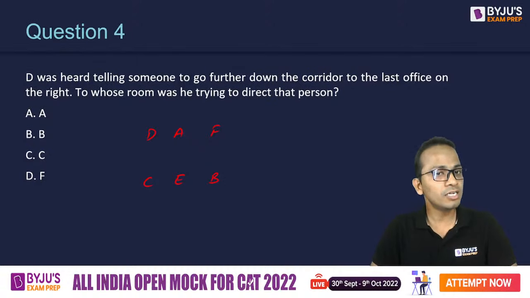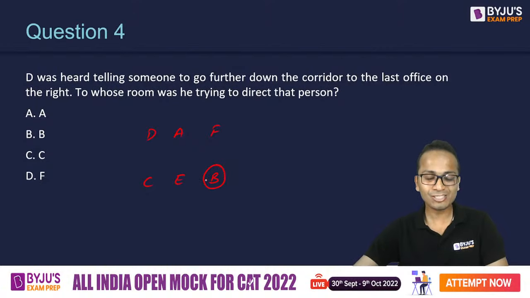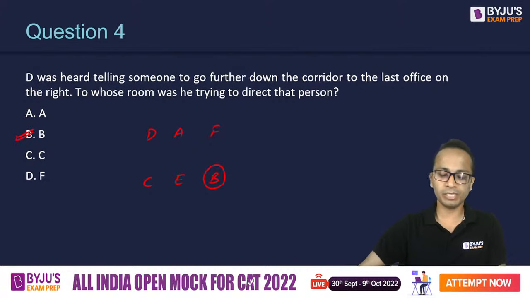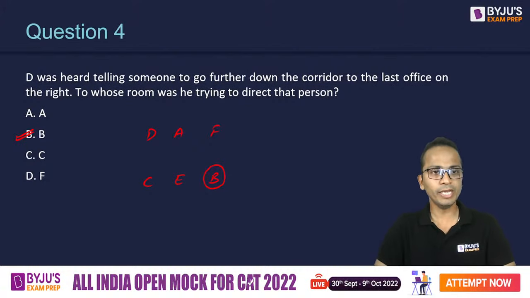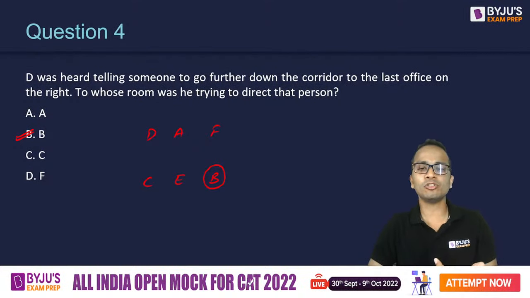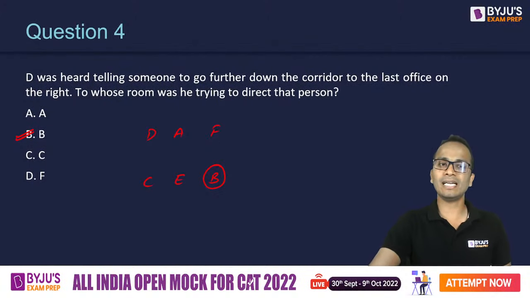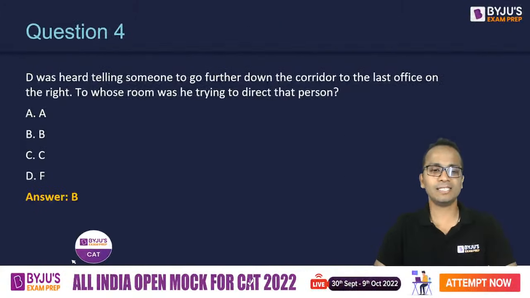D was heard telling someone to go further down the corridor to the last office on the right hand side. So the last office on the right hand side, whose is it? It is B's office. Yes. So the correct answer will be option B, that is B. He was trying to direct that person to B's office. So the correct answer is option B, that is B. And yes, it is the correct answer.